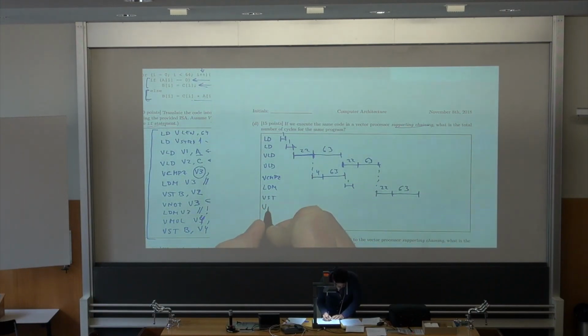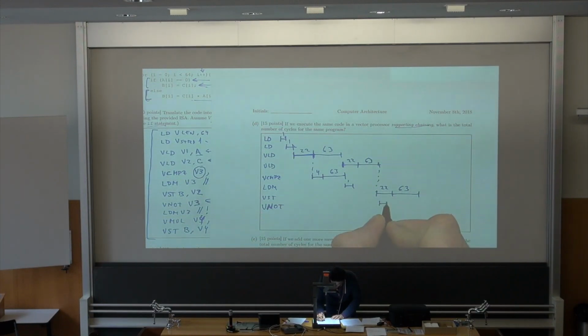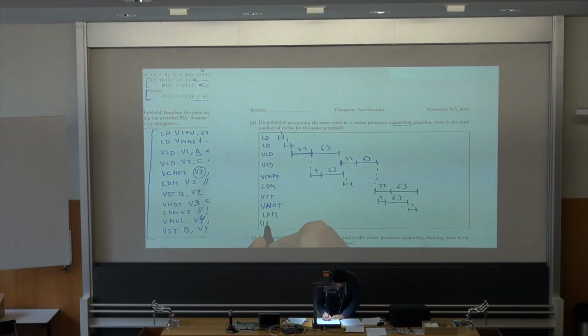But at the same time, as we did in the previous part, part C, we can overlap this with the next compare and 1 more cycle for the next LDM, and finally the vector multiply will take 6 cycles plus 63, and the final VST can start right after the first result of the multiplication has been obtained, and we can start accessing the memory again for writing.